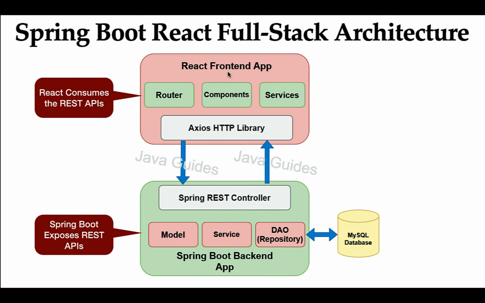Alright, the front-end application and backend application are both loosely coupled. The Spring Boot backend application will expose the REST APIs, and the React front-end application will consume those REST APIs. At the front end, we can also use different technologies to build the front-end application. For example, instead of React.js, you can also use AngularJS or Vue.js, because the front-end and back-end applications are loosely coupled.